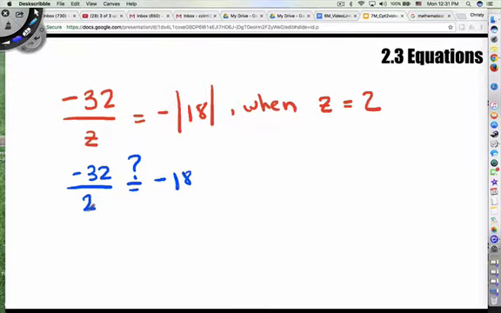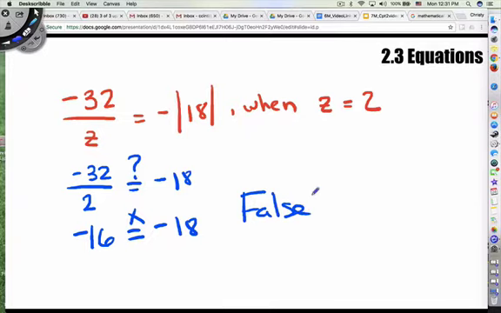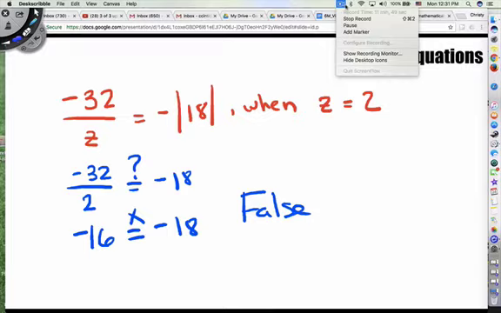We do the division. Negative 32 divided by 2 is negative 16, which is not equal to negative 18. So this is false. And I should have written true, I'm sorry, on the last one. Good luck on this, and we will see you for help later.